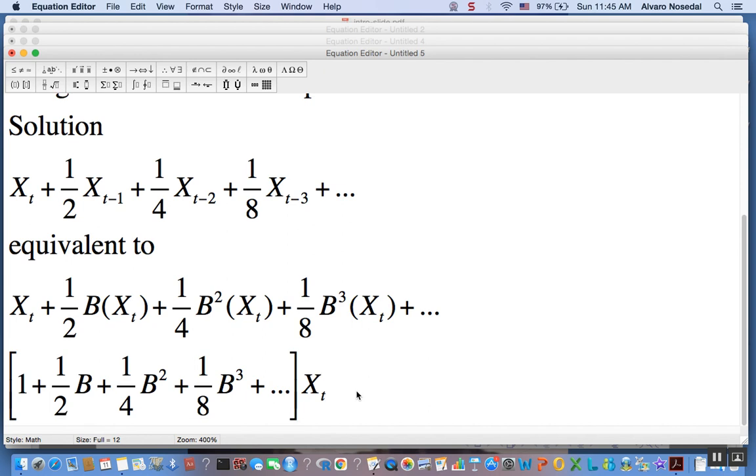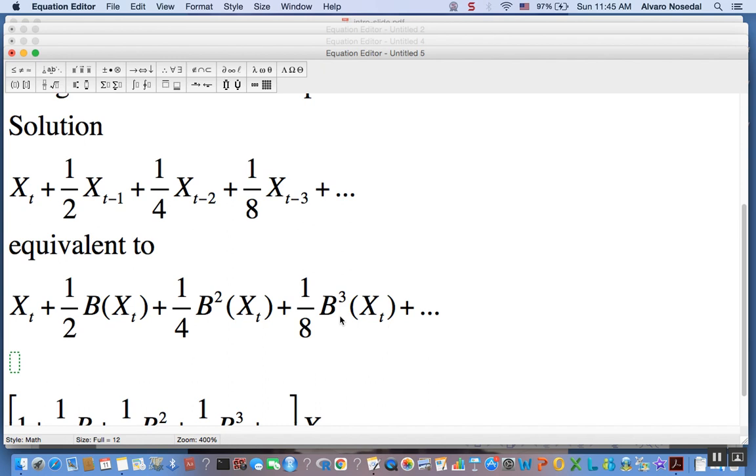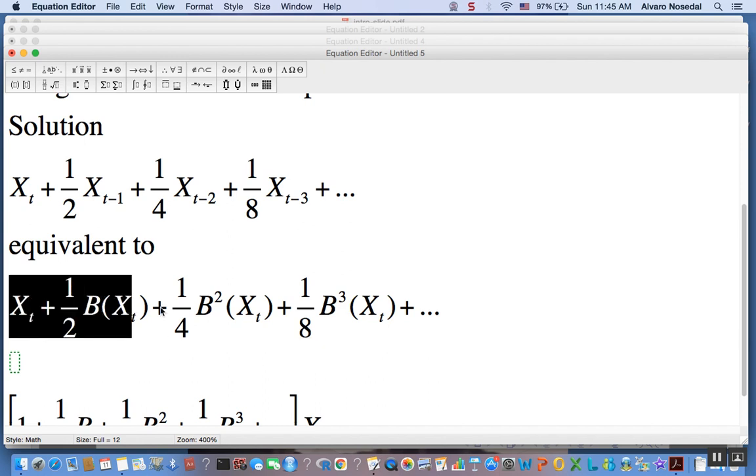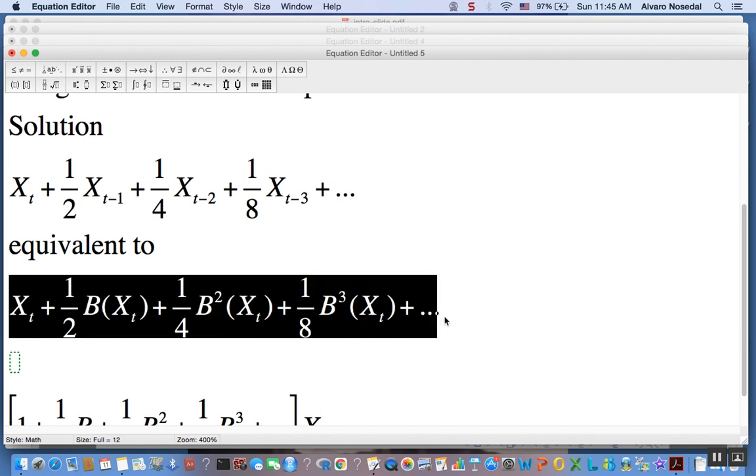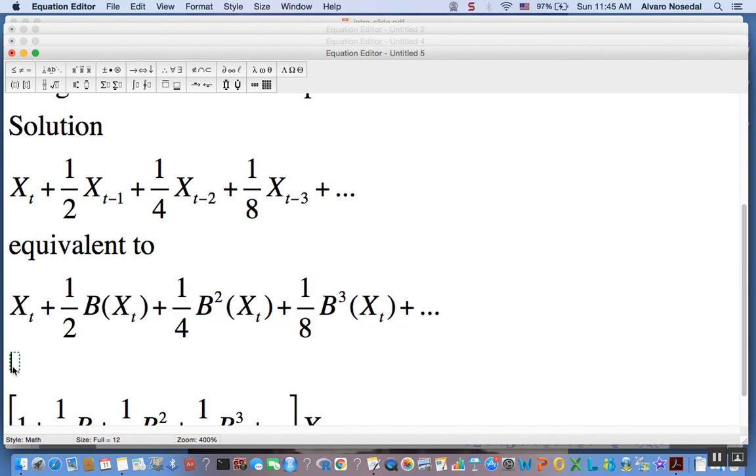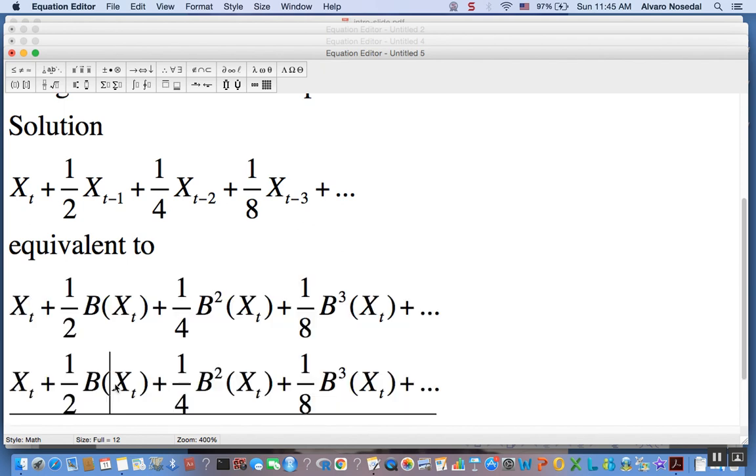Can you see that? By the way, remember that when we do this, B applied to x_t, we end up with x_{t-1}, but instead of writing that, this operator, in the future we're going to write this down like this. We're not going to be using this notation.